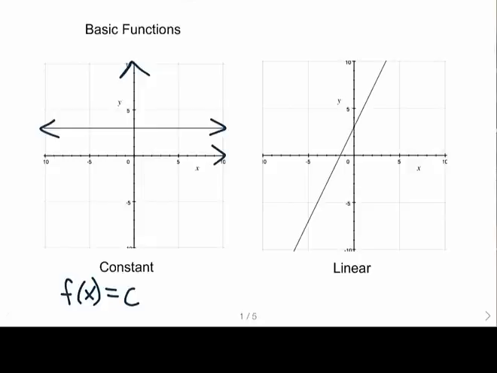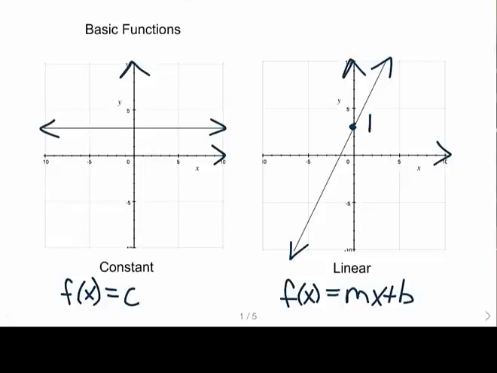The function definition for a generic linear function is f of x is equal to mx plus b. You're familiar with y equals mx plus b form. And your line should have arrows extending both directions. And in this case, your b is your y coordinate of your y-intercept.